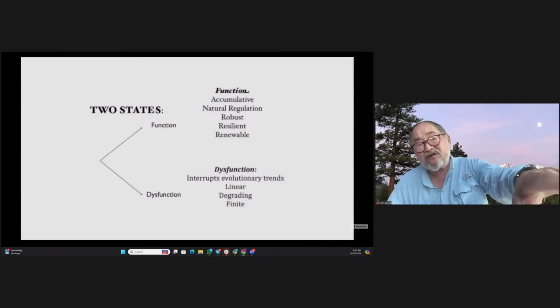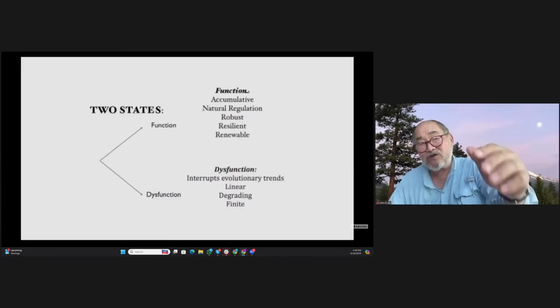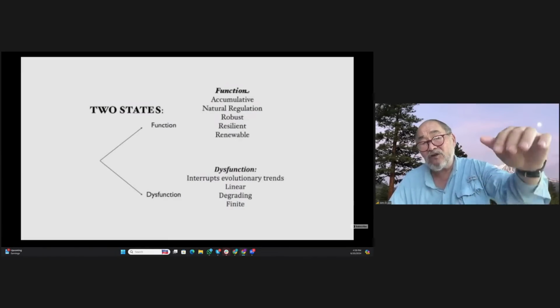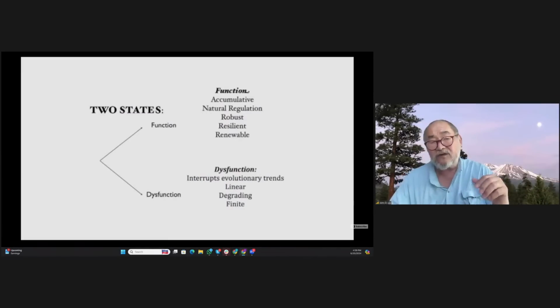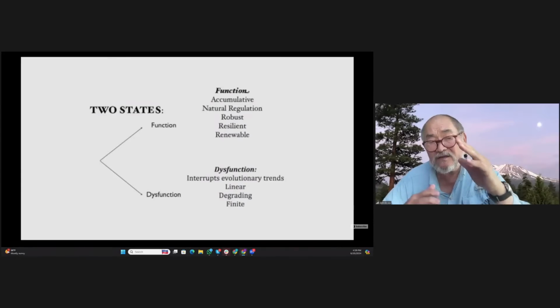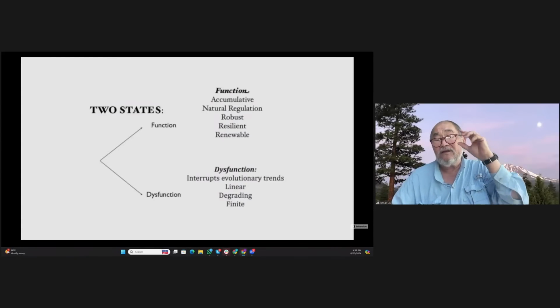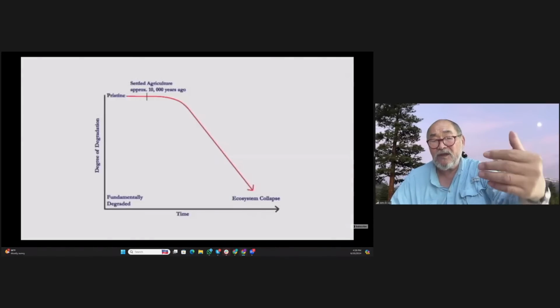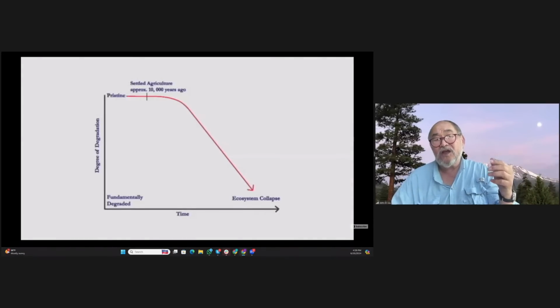And I started to see that I was only seeing this function or degree of functionality, or another trend which was dysfunctional or a degree of dysfunction. And when I realized that these were just opposite directions, and that if you started to understand what is a functional ecosystem, then you could change it.